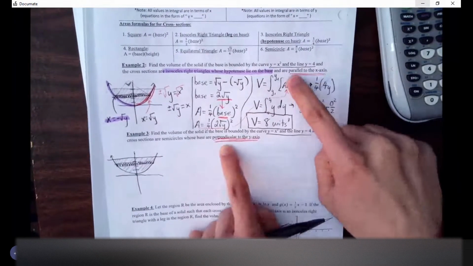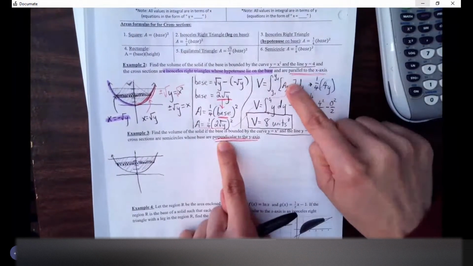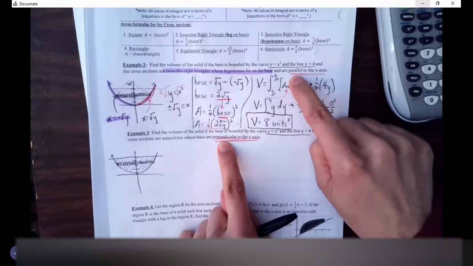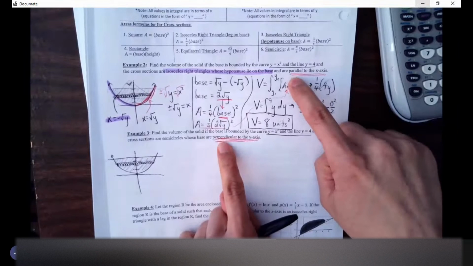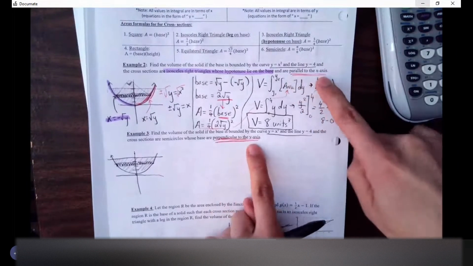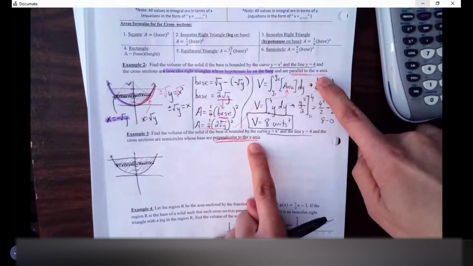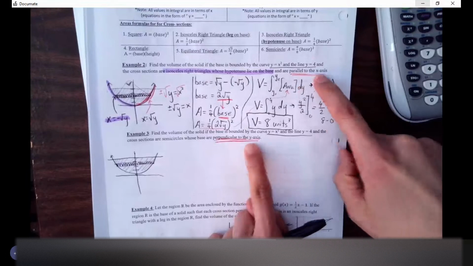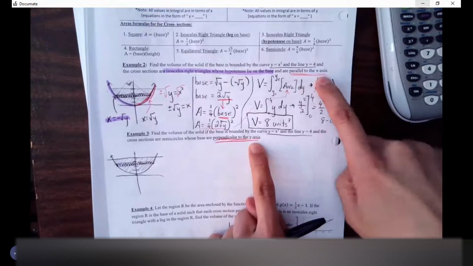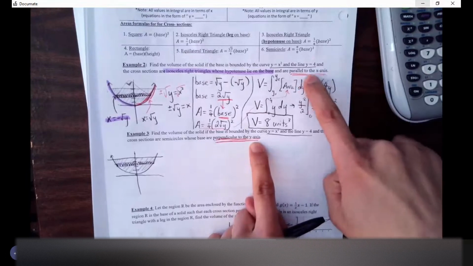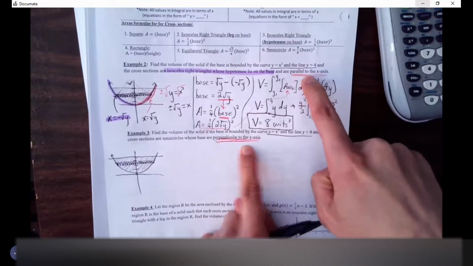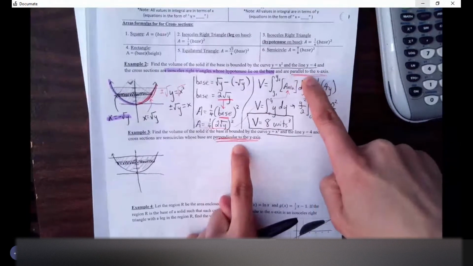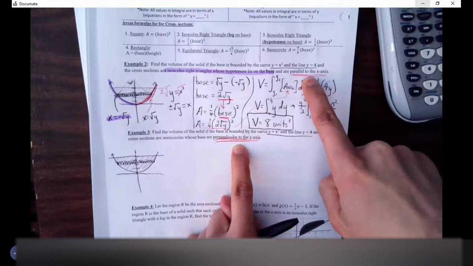Be careful, because just because you see perpendicular or parallel, it doesn't mean that it's always going to be one direction or the other. You want to decide what is it in relation to? Is it in relation to the x-axis or the y-axis? Because just because you have parallel or perpendicular doesn't always guarantee a horizontal or vertical. So take the time to convince yourself, using the full description, whether you want to draw a horizontal base or a vertical base. Okay.